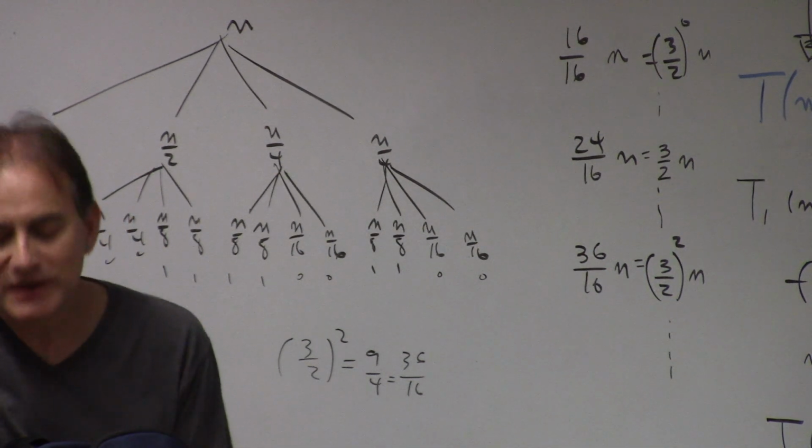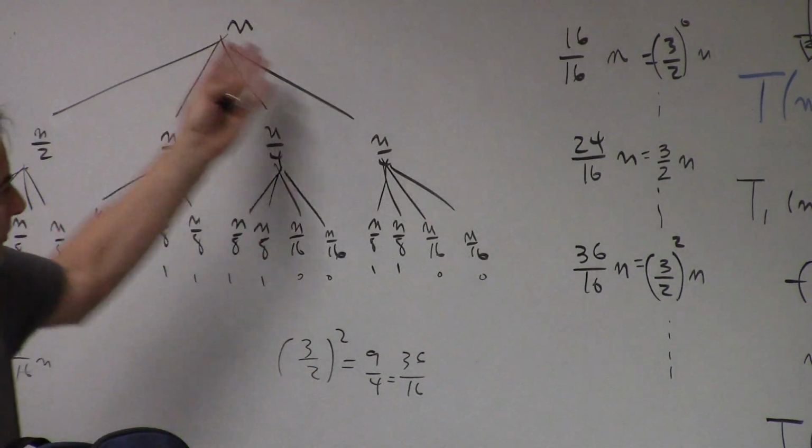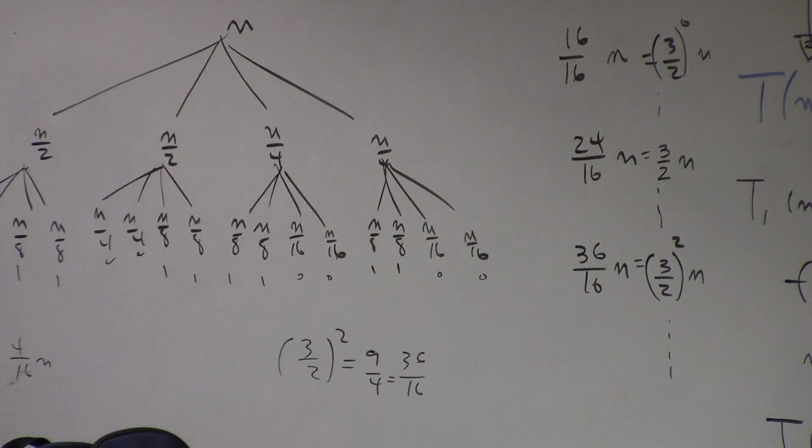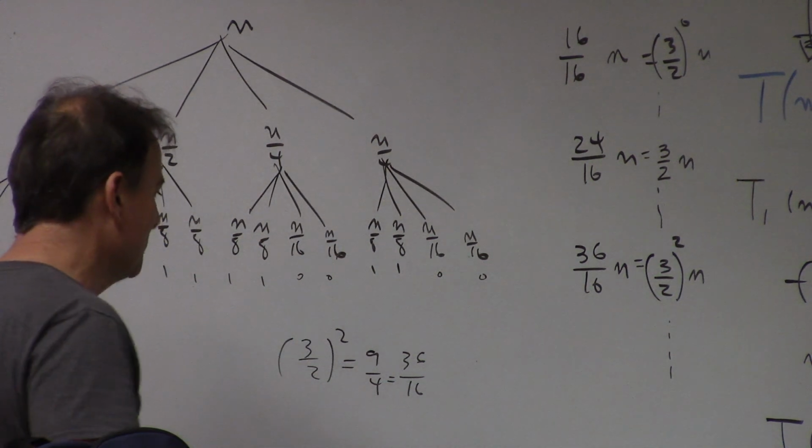In fact, there are fewer levels here, there are more levels here, so the levels are not all the same. Some of them drop out, but we'll assume they don't. We'll assume they go forever. Of course they don't, but we're going to assume they never end.